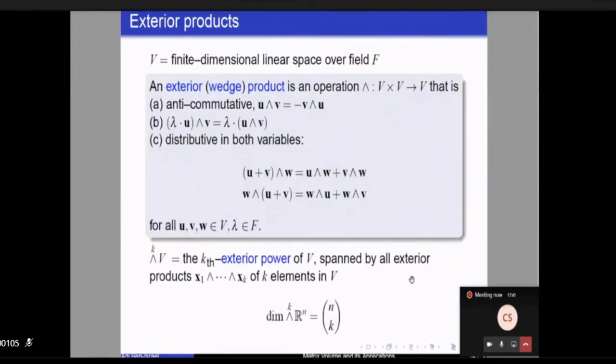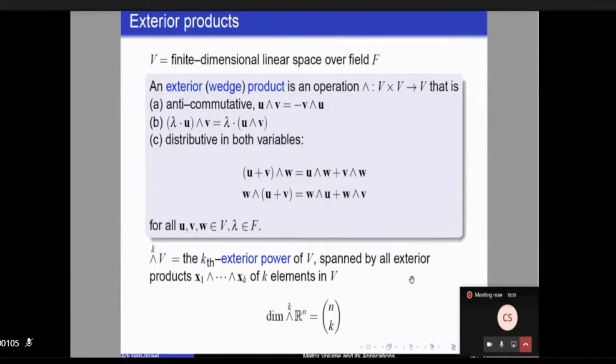Both the volume and determinant are best understood in a setting of multilinear algebra. So let V be a finite dimensional linear space over a field F. The exterior or wedge product is an operation from V times V to V that is anti-commutative. The scalar comes out and it is distributed in both variables.